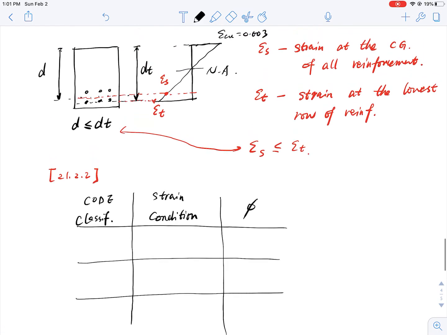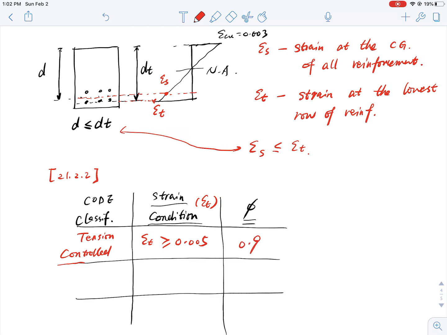The strength reduction factor phi will be a dependent variable based on the strain condition. When the strain at the last row of reinforcement, not epsilon s, but epsilon t, I want to emphasize, is greater than or equal to 0.005, we call this case tension controlled, and phi is correspondingly equal to 0.9.